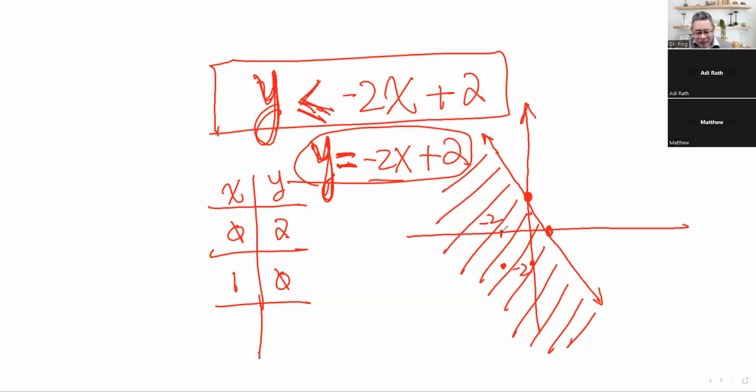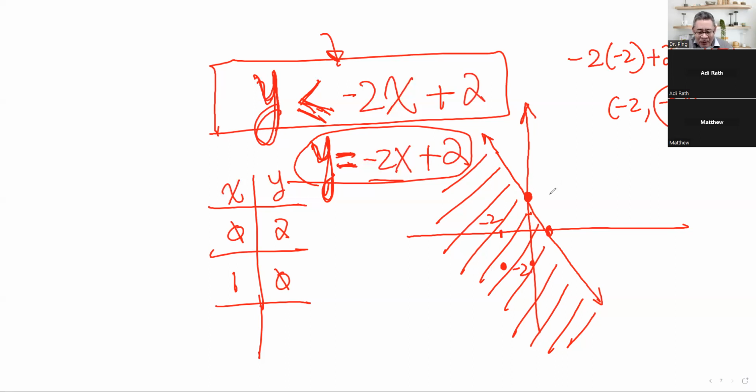Plug into here, negative 2 times negative 2 plus 2, that is 4 plus 2, which is 6. Of course, negative 2 is less than 6.